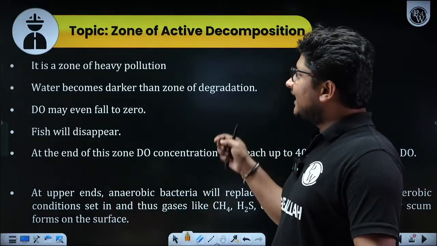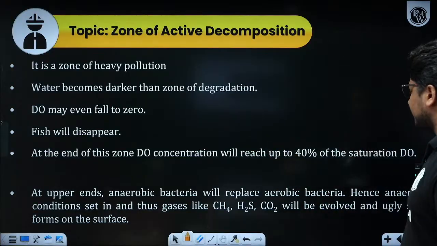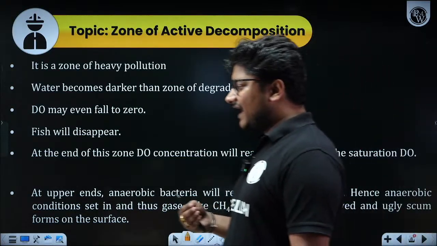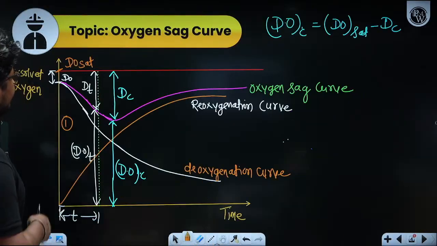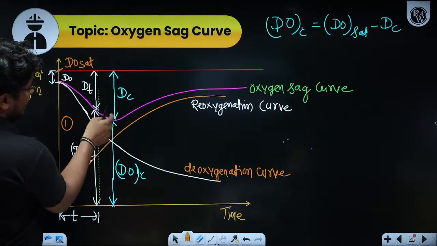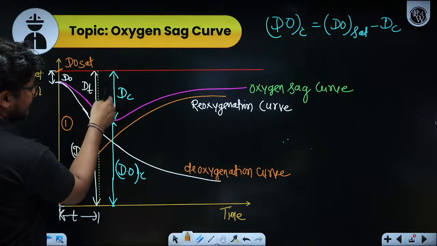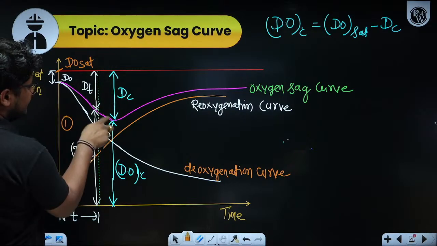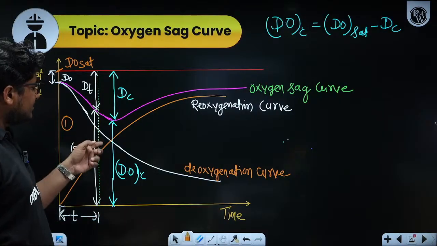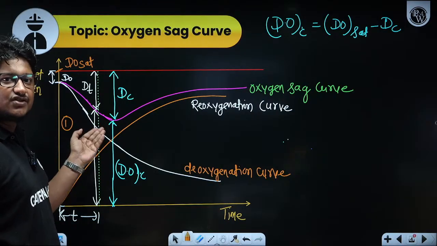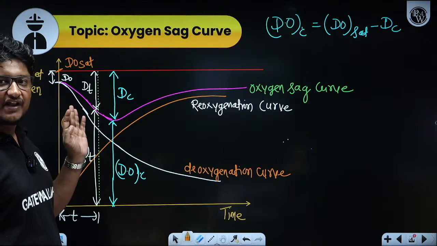But the good thing is that at the end of this zone, the DO concentration will again reach up to 40% of the saturation DO. Because if you see this oxygen sag curve, in the first part, where you are getting the maximum oxygen deficit, you can easily say which rate is dominating: the rate of deoxygenation is dominating compared to the rate of reoxygenation.